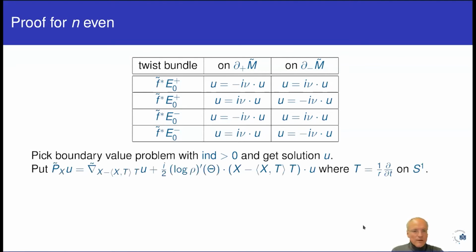That's good. And now we introduce a sort of modified connection on M tilde. What we do is the following: look at the vector field T on the circle factor, normalized to have length 1, and subtract the contributions from this S^1 factor and differentiate only in the M direction.